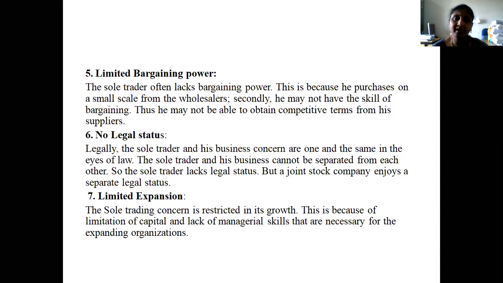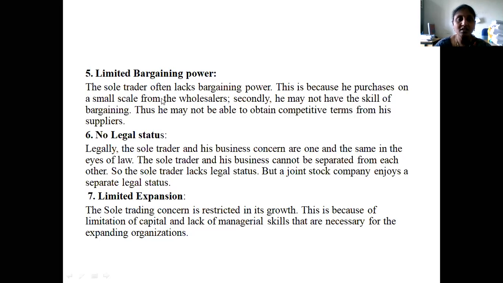Next, limited bargaining power. So what is this bargaining power? Generally in small scale businesses, for example, if it is selling of some goods, so if it is a retail business, the retail person has to purchase the goods from the wholesaler. Because if it is a very small business, he is not bargaining very well for purchasing the goods.